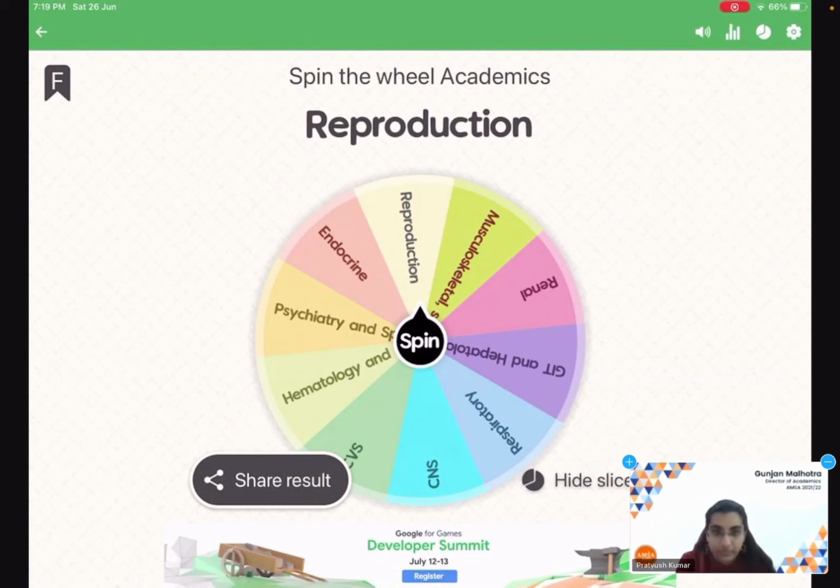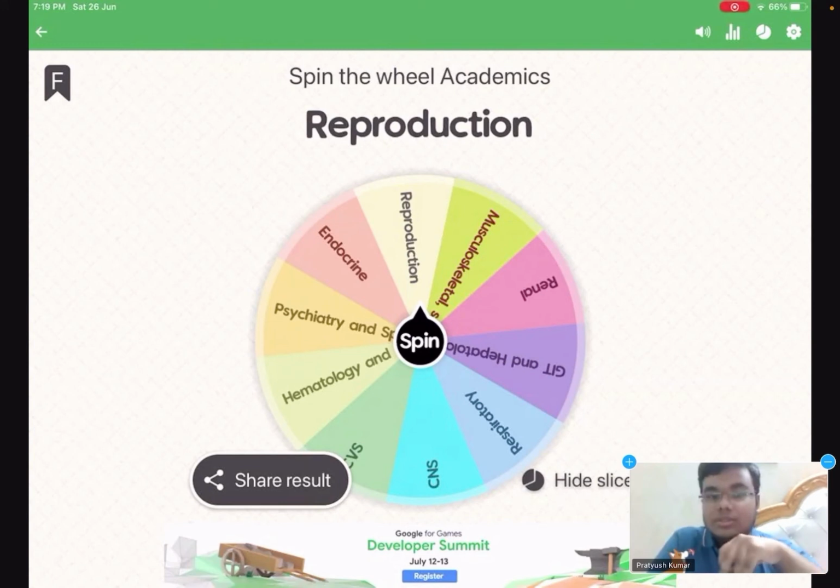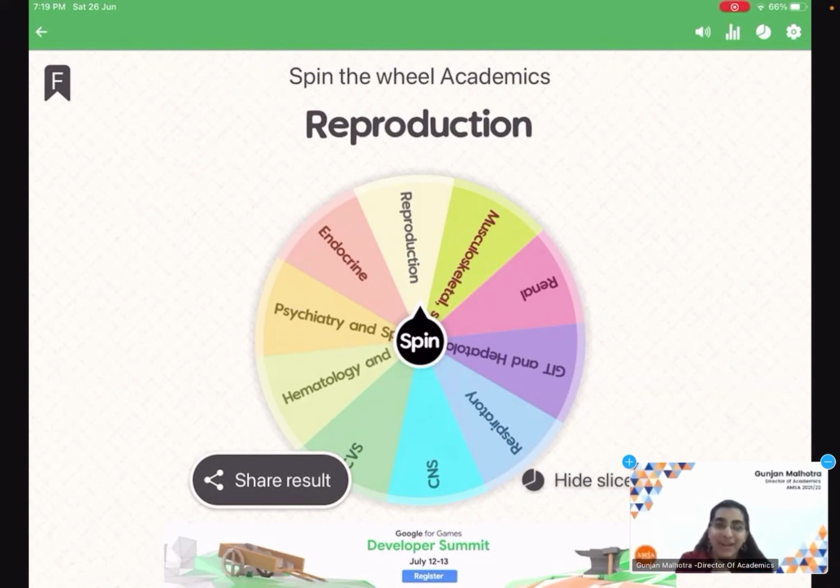Okay, so I think it's Bowen's disease. The first three were correct, so I think the correct answer is D. That is virtually never develops into an invasive carcinoma. It is absolutely correct, and you get a plus 20, and everybody gets a minus 10.